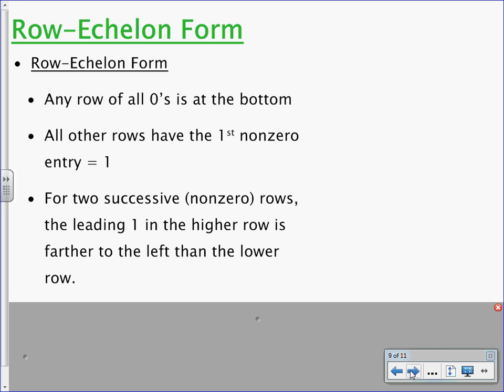Okay, the first non-zero term has to be a 1. And then write it down, and I'm going to show you what it means. But for 2 successive rows, the leading one in the higher row is farther to the left than the lower row. I will show you what that means. So write it down for now.